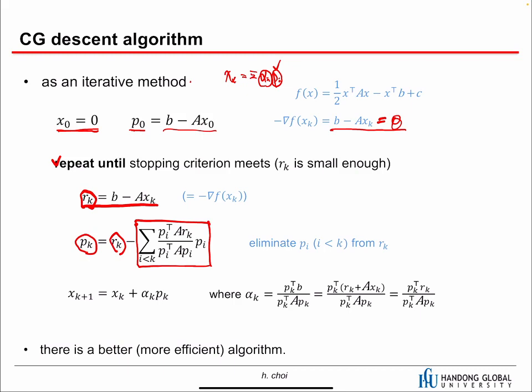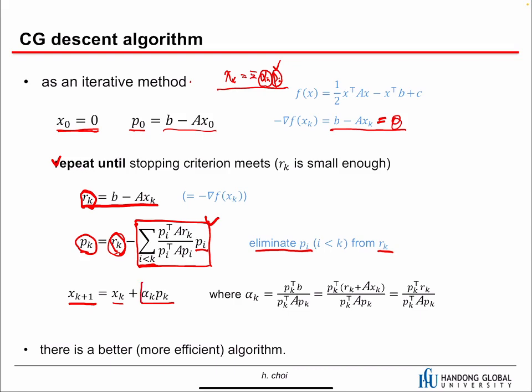When calculating p sub k, we have p sub i where i is smaller than k. In r sub k we have lots of components, and we are eliminating the p sub i from r sub k. Then x sub k plus 1 is x sub k plus alpha sub k times p sub k, because as I said, x star is the sum of alpha i and p i.